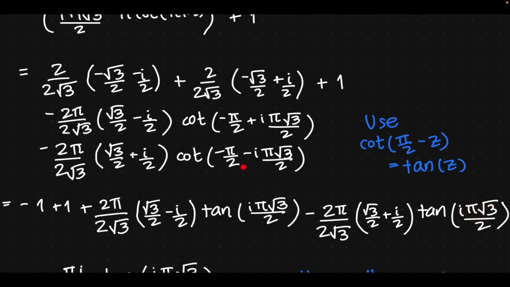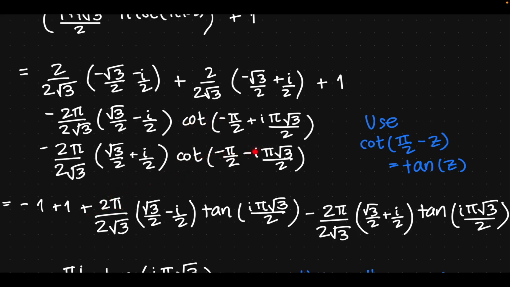So notice we would have a negative here. We use the fact that the cotangent is an odd function. So we have a minus that will cancel this minus to have instead of minus pi over 2, a pi over 2 minus I pi square root 3 over 2. That kills this minus from the first cotangent. So that's why we have a plus here.